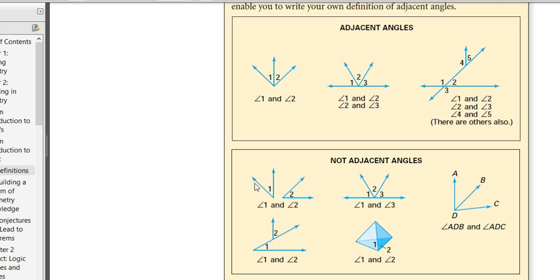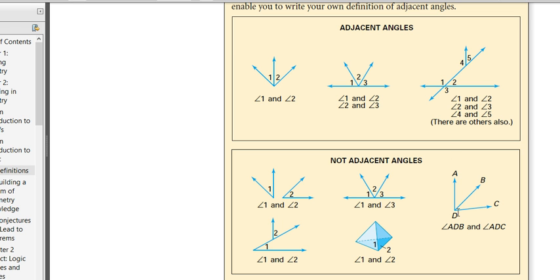It looks to me like they don't share a common side. Why aren't 1 and 3 adjacent angles? Once again, they don't share a common side. ADB and ADC share a common side, ray DA. However, one of them is inside the other.